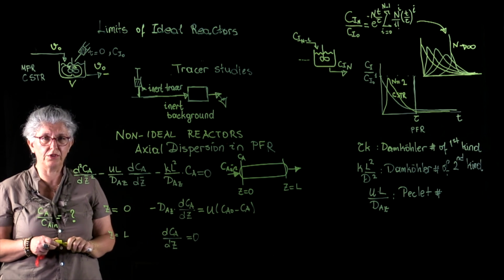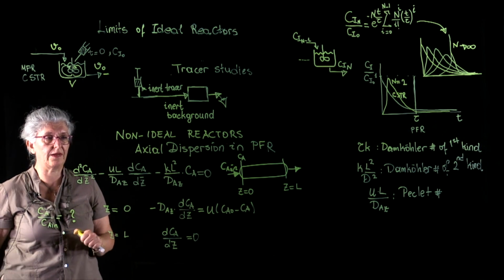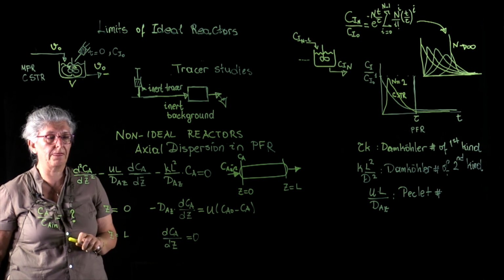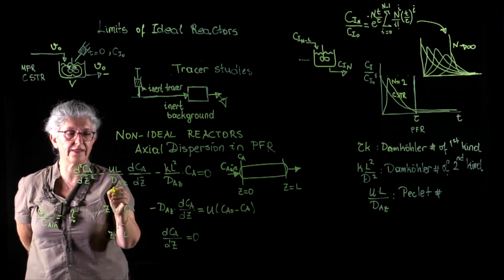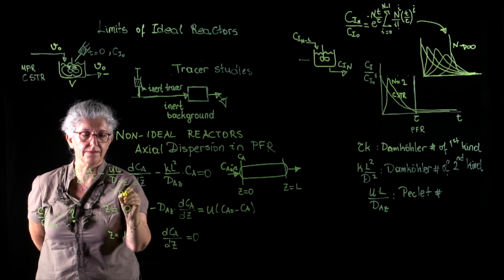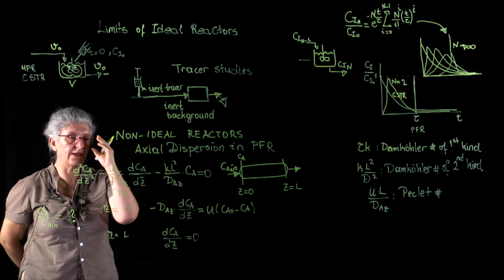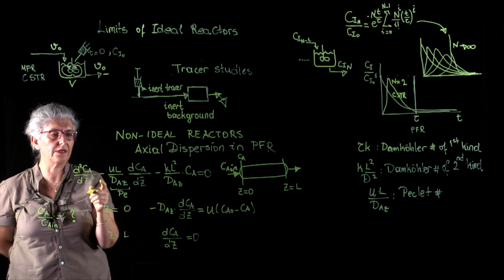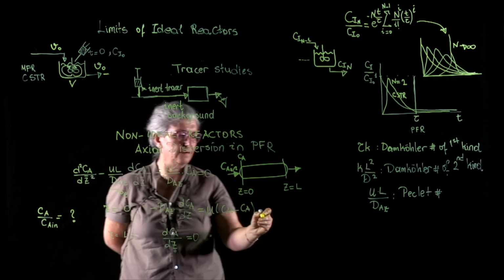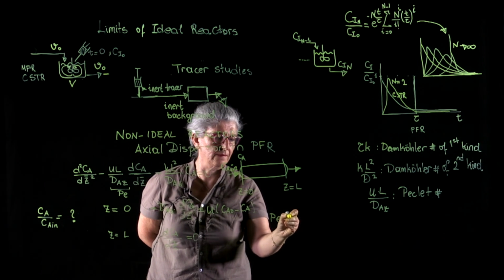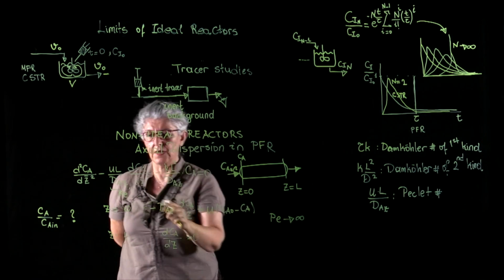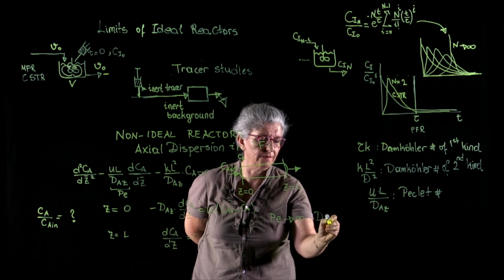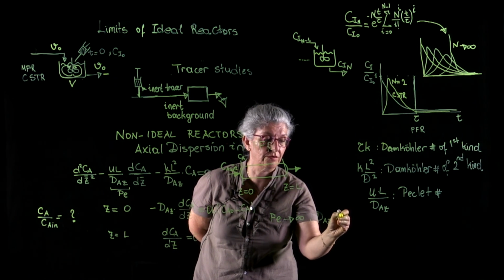Now I'm going to further discuss a couple of things relative to the Peclet number. All right, so here, this is the Peclet number in non-dimensional form. Now, when the Peclet number goes to infinity, it means that diffusivity is going to 0, or the axial dispersion coefficient is approaching 0.